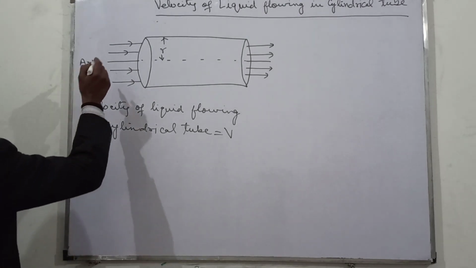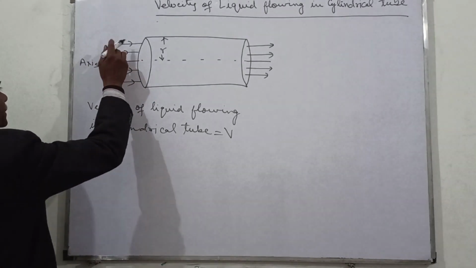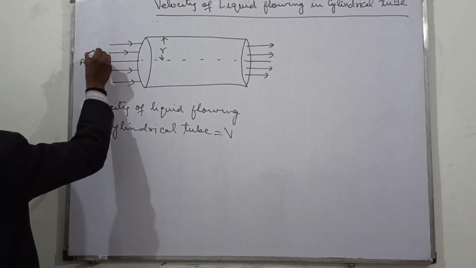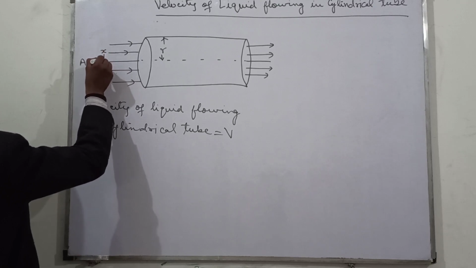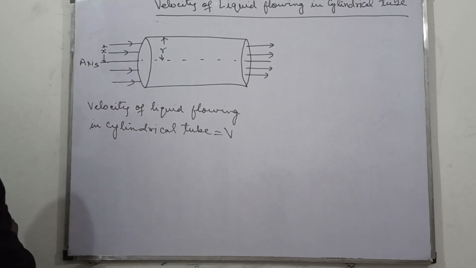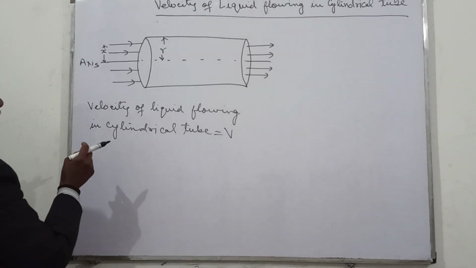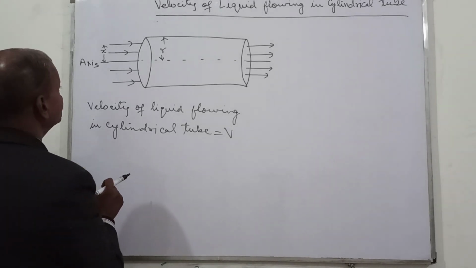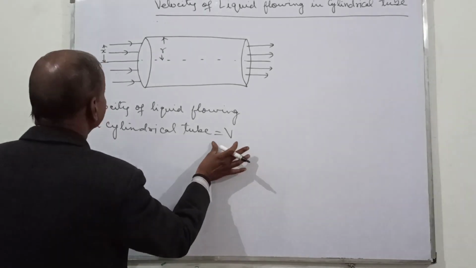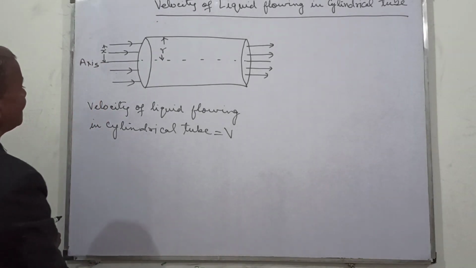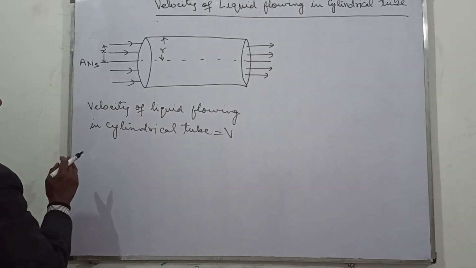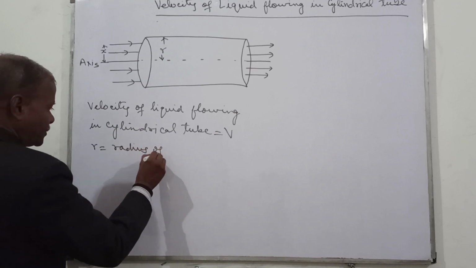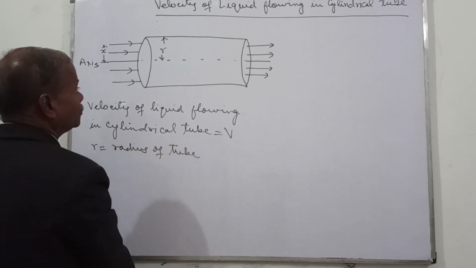So now let us talk about this layer which is at the distance x from the axis. This is now the axis. This is distance x. R is equal to the radius of the tube.